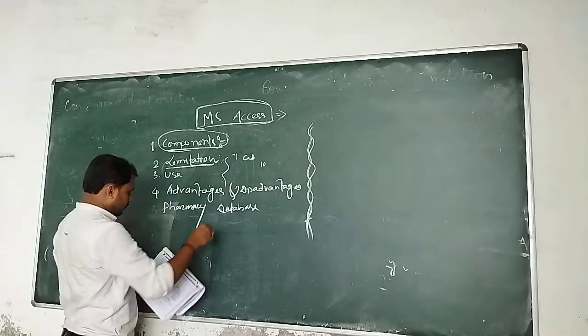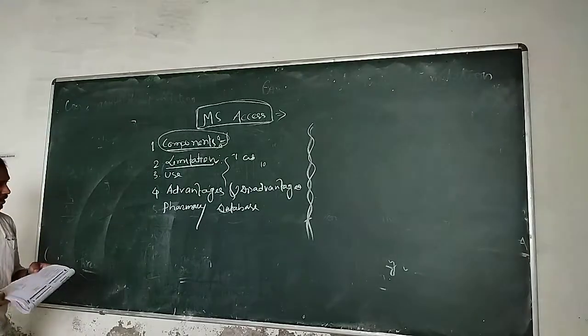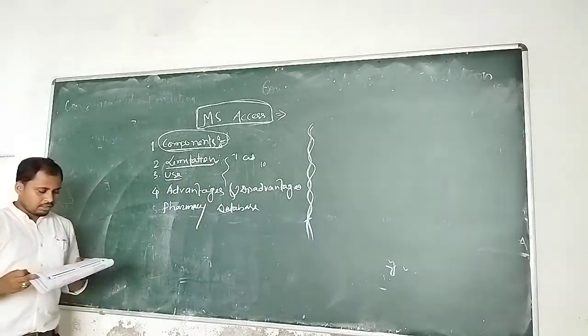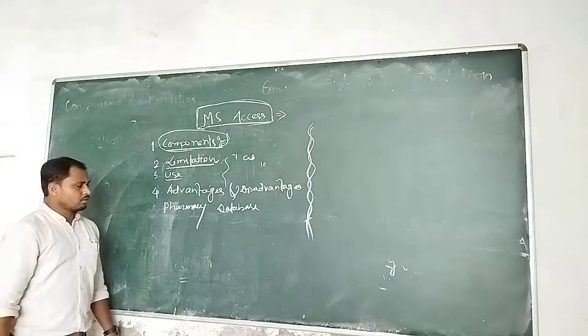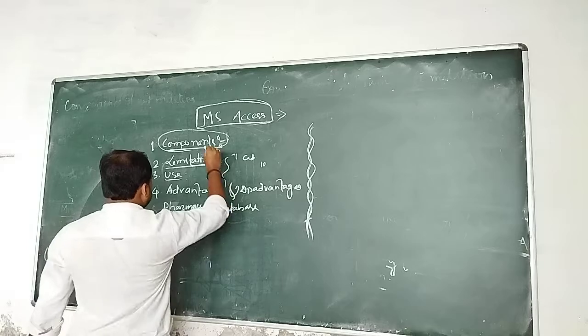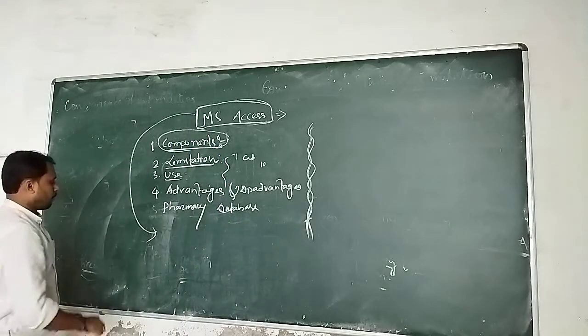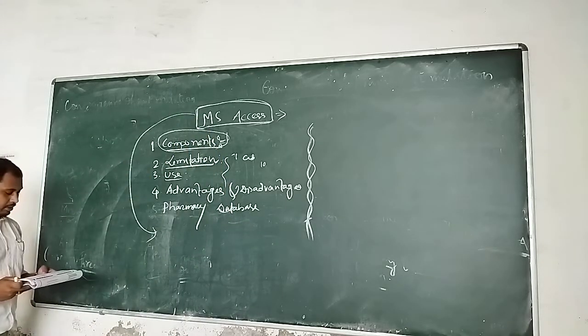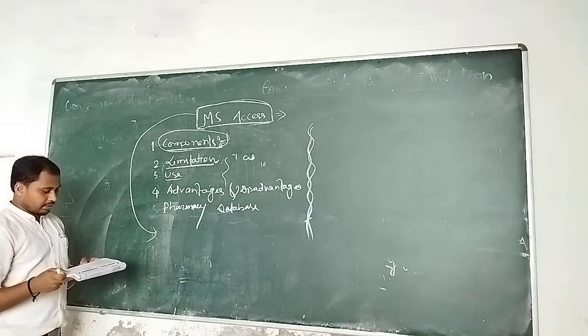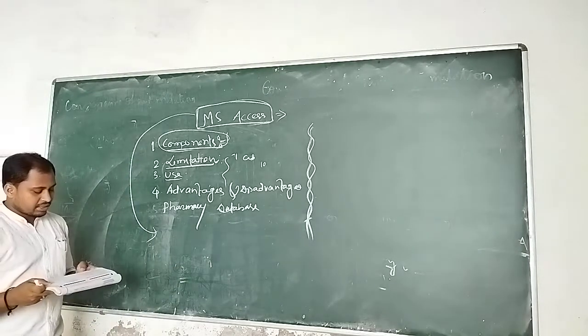Then what are the uses of MS Access? First is data management, which is an important function. MS Access plays a role in the management of any data. Then it displays complex queries and data statements.